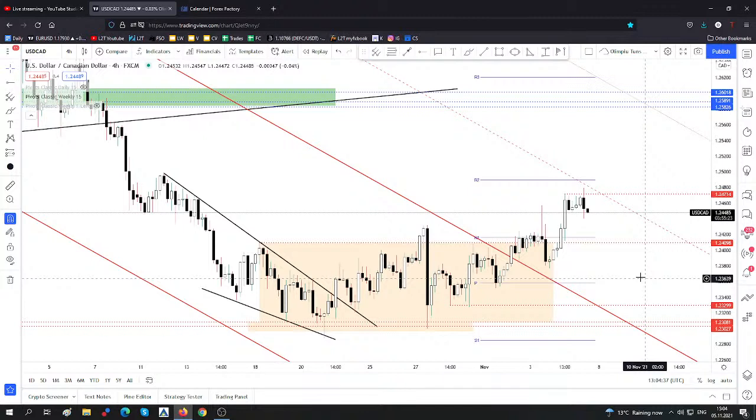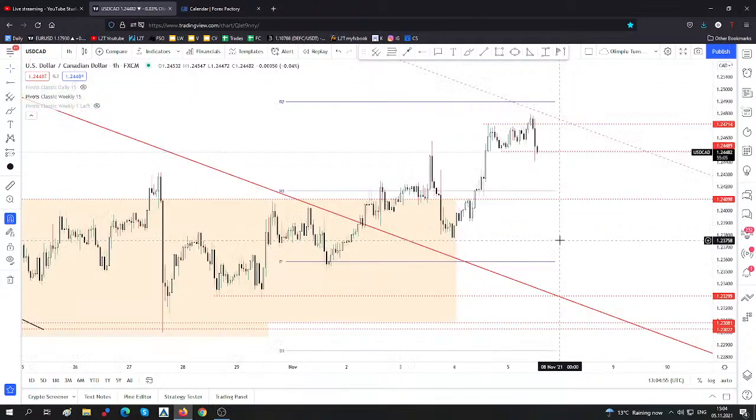Also, one moment. Also, this level. Let's take a look actually on 1 hour, because I want to explain something here, guys. So 1.2471 as resistance, and 1.2448 as support, right?